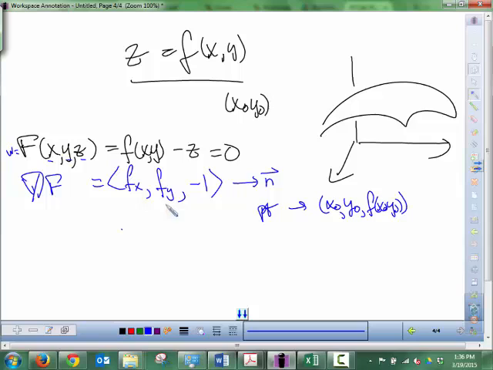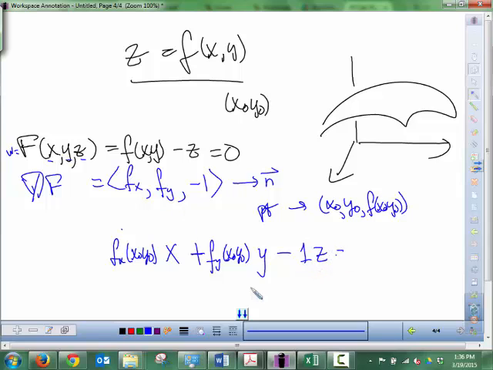So let's say we evaluate this at x naught and y naught. This is f sub x evaluated at x naught, y naught times x, plus f sub y evaluated at x naught, y naught times y, plus, this is a minus 1 times z.